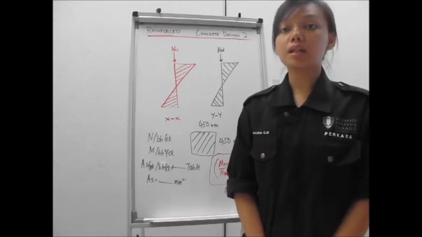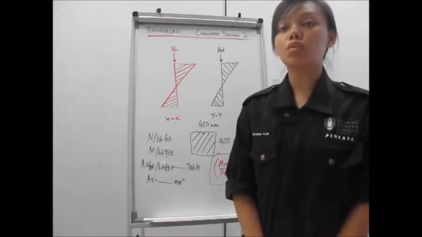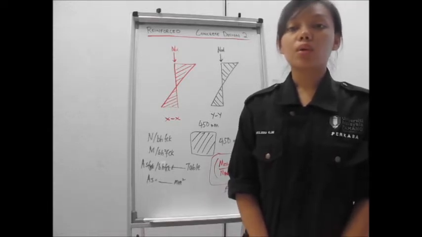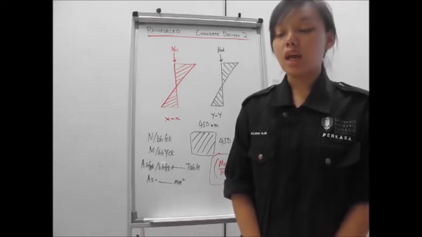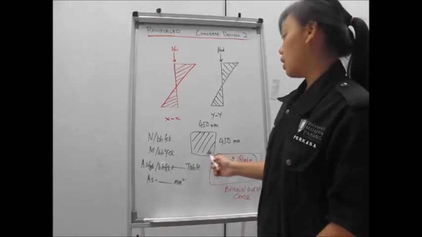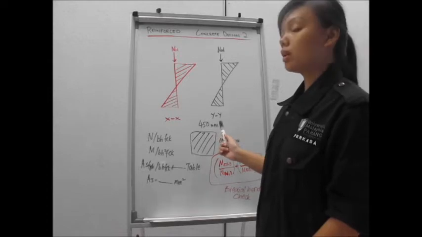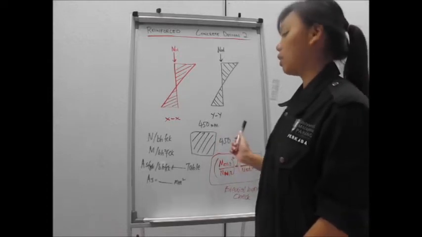The maximum ultimate load NED that we use in our project is approximately 1000 kilonewton, and the column size we use is 450 millimeter times 450 millimeters.